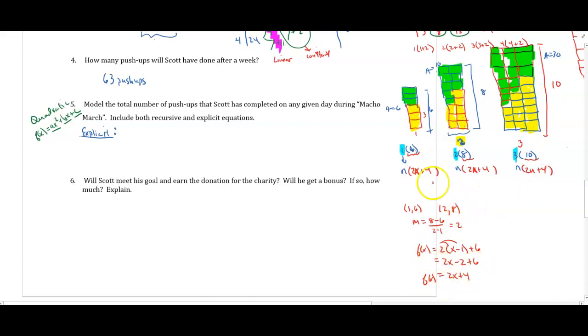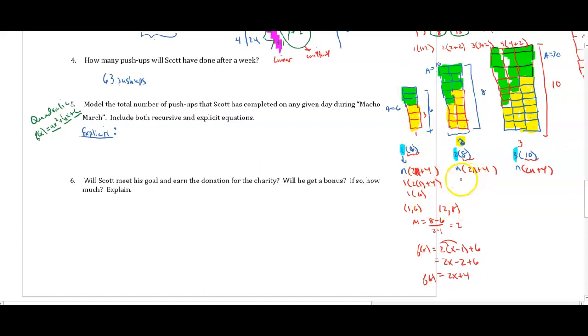Now, if that's the case, think about this. If I take the day, which is 1, and I multiply by 2 times the day plus 4, that would give me 1 times 2 times 1 is 2. 2 plus 4 is 6. Is 1 times 6 going to give you 6?